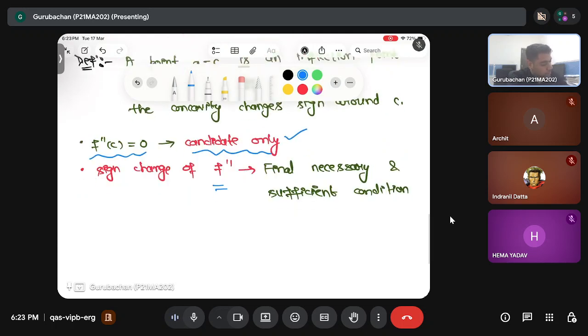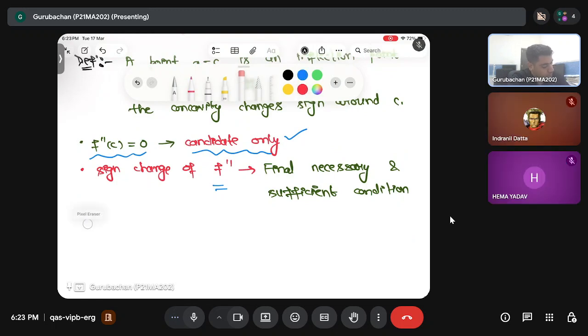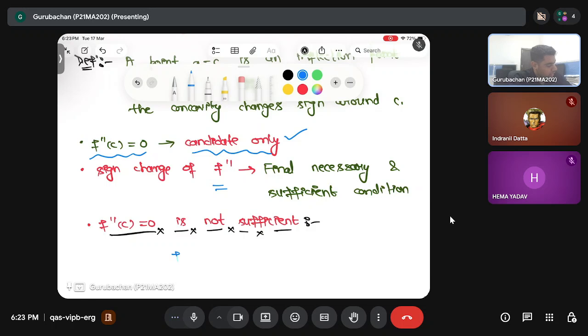The first counterexample shows that f double dash c equal to 0 is not sufficient. Why? Consider the function f(x) equal to x to the power 4.